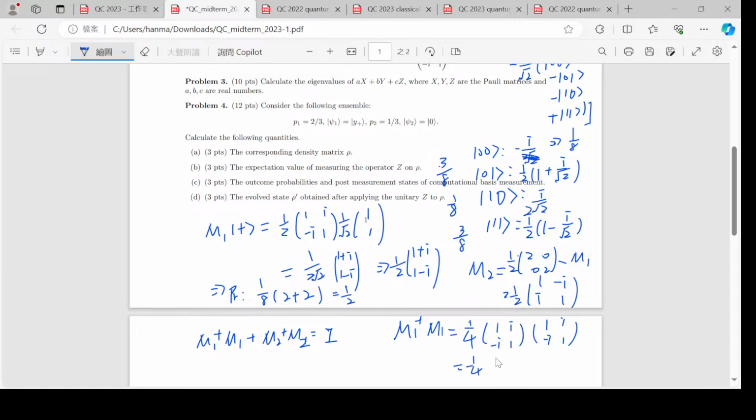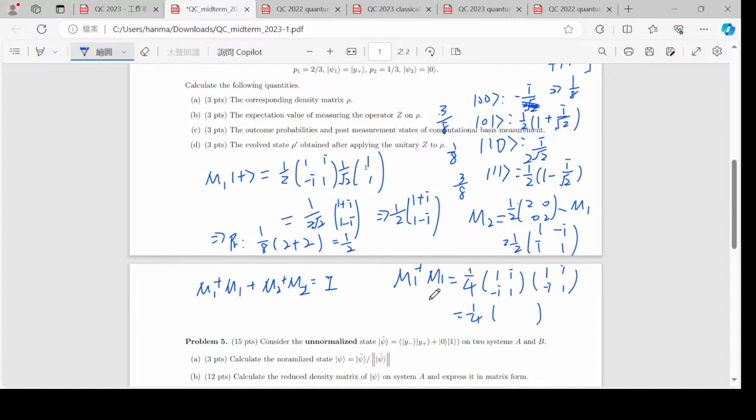And that's 1/4 of, do I do this correct? Yeah, okay. So 1 plus this i times minus i is 1, so it's 2. And here we have 2i, and here we have minus 2i and 2.